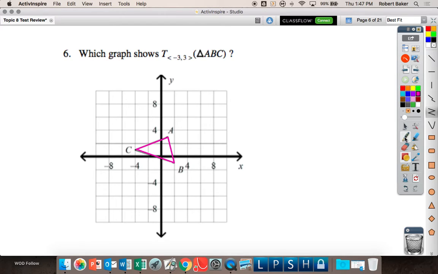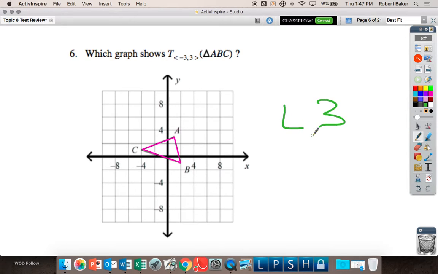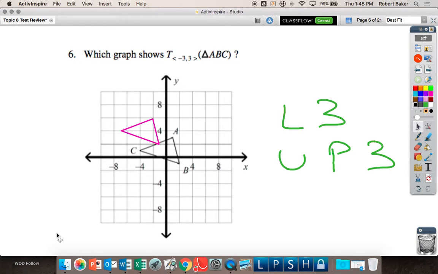Left 3, up 3. Easy though. So I have to take this shape and I have to move it left 3. 1, 2, 3, up 3. 1, 2, 3. So you're looking for a figure that's been moved to the left 3 and up 3.